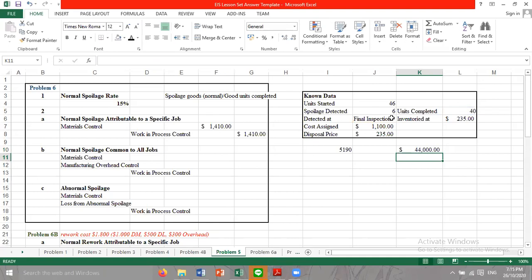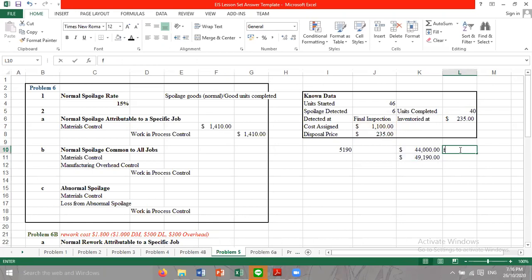However, since in this case 6 spoiled units are detected, and we know that it is attributable to a specific job, the cost of units completed will be 44,000 plus the loss in value of the spoiled units, which is this times 6.